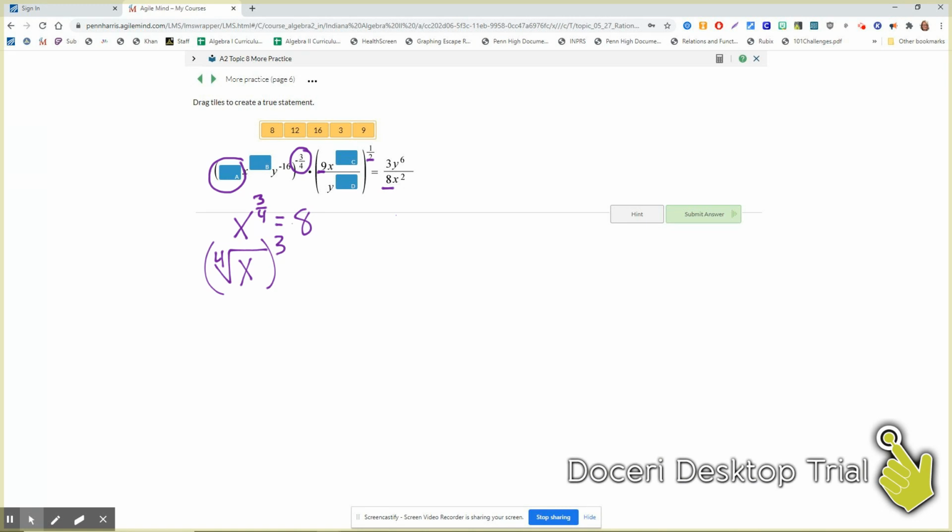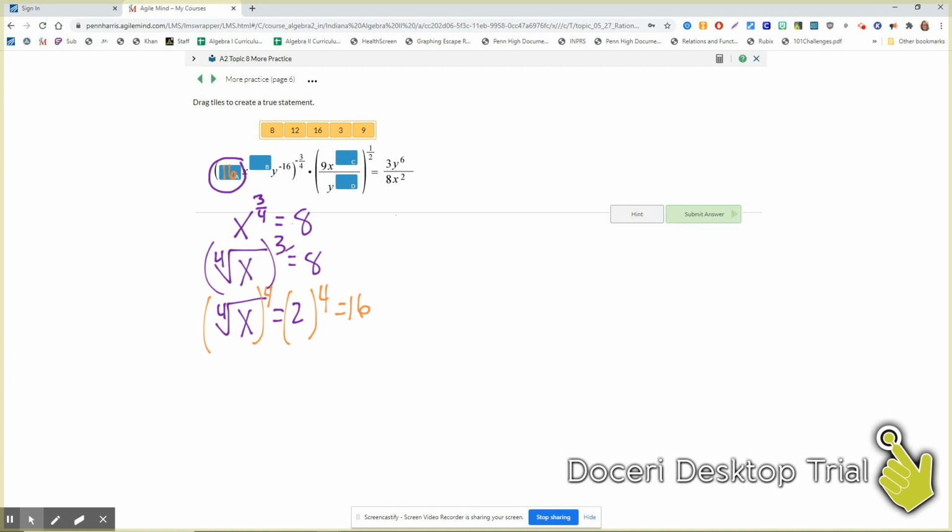So again, the cube root of 8. So I'm going to undo the cube by cube rooting. So now I have the 4th root of x is 2. How do I undo a 4th root? I raise it to the 4th power. And 2 to the 4th equals 16. So my number that's going to go in this spot here is a 16. Now I'm going to go ahead and do my y's.